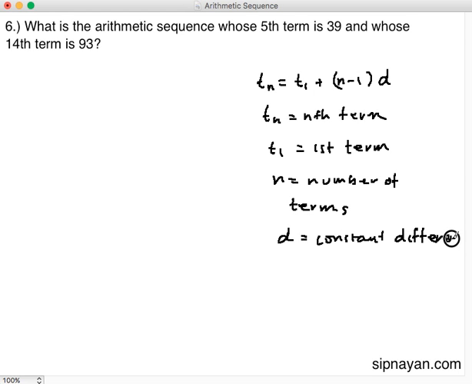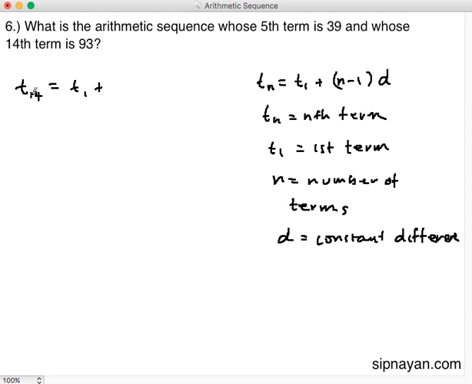So, medyo kakaiba tong problem na to, no? Ang given dito ay 14th term tsaka 5th term. So, ibig sabihin, given natin yung 14th term, we have, for example, t sub 14 is equal to t sub 1 plus n minus 1. Anong n natin?